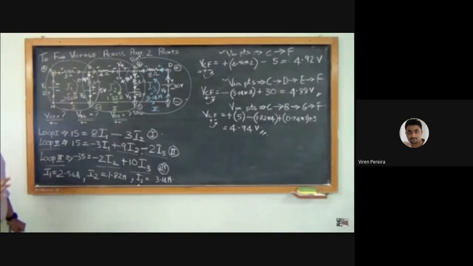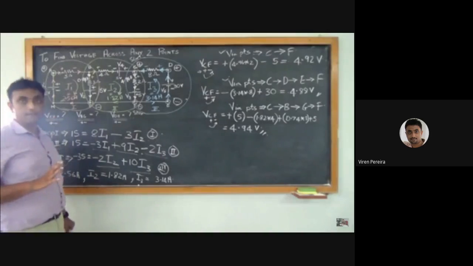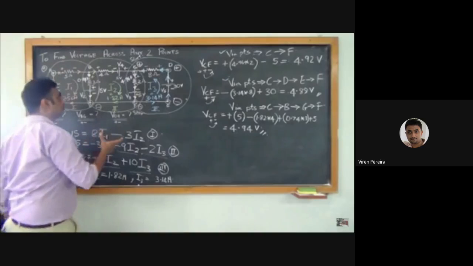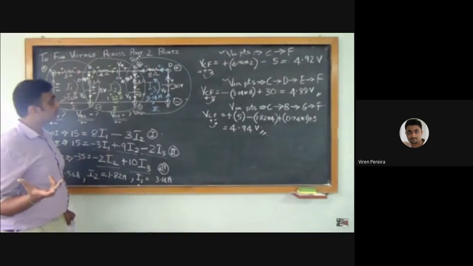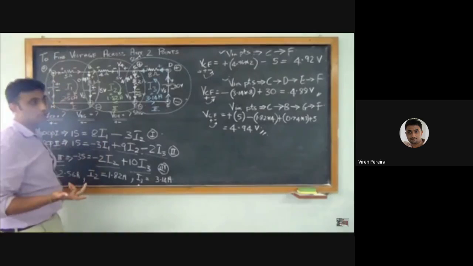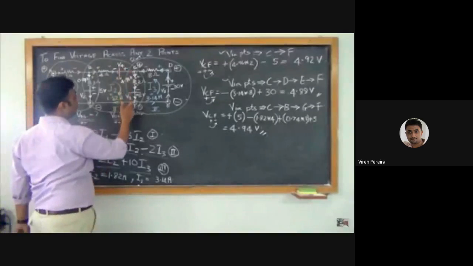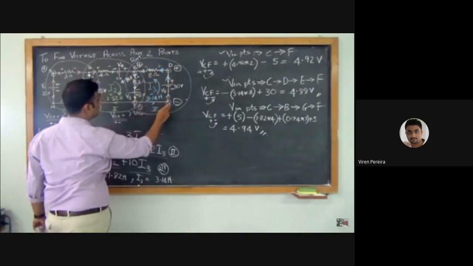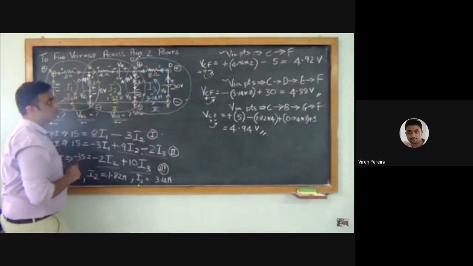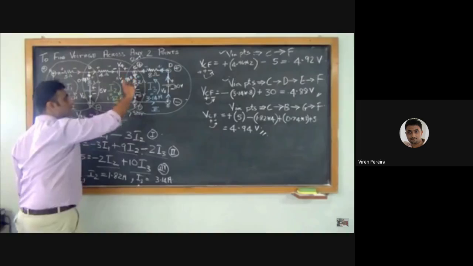So this proves that any loop is possible, but what has to be considered is the shortest way. If I want to complete the problem in a given amount of time, I can take my shortest route, which is C to F, or C, D, D to E, E to F. Because I have only one resistor and a voltage source.